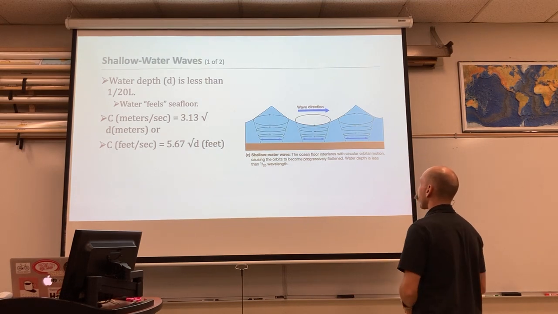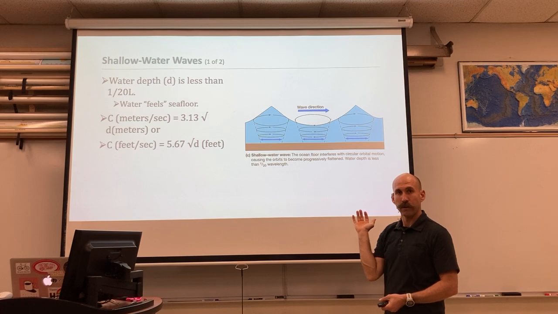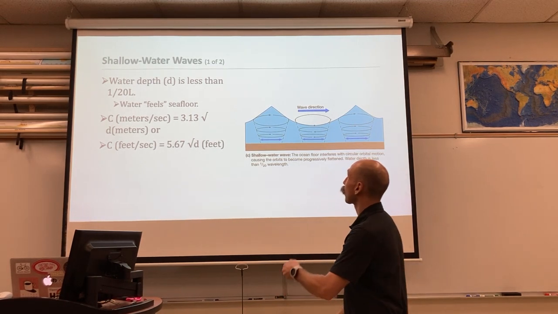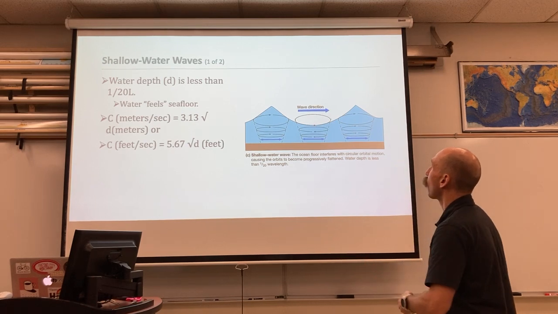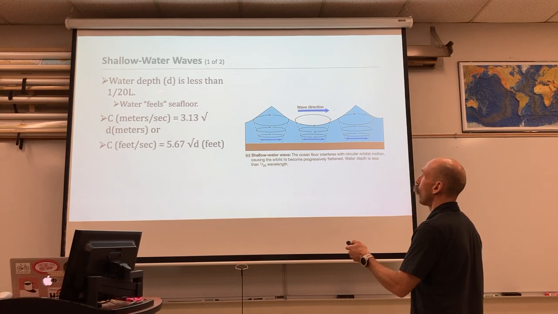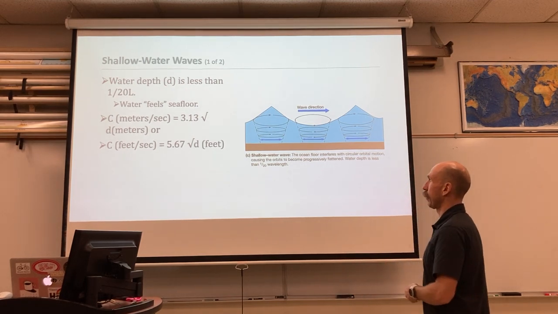Pretty cool. When we get closer to the ocean, there is interference of the ocean floor, and so it changes things. These are called shallow water waves, where the water depth is less than 1/20 times the wavelength.